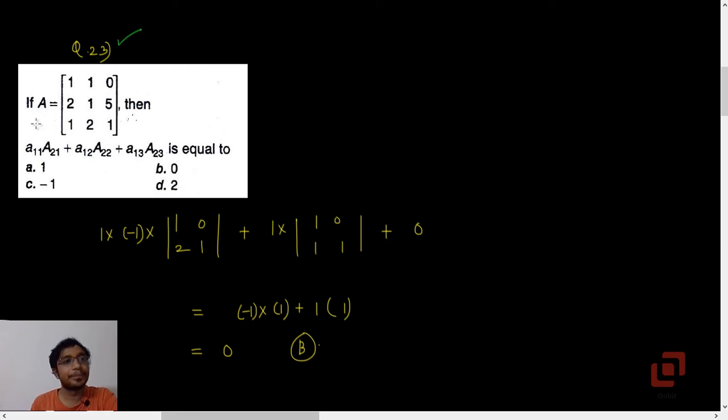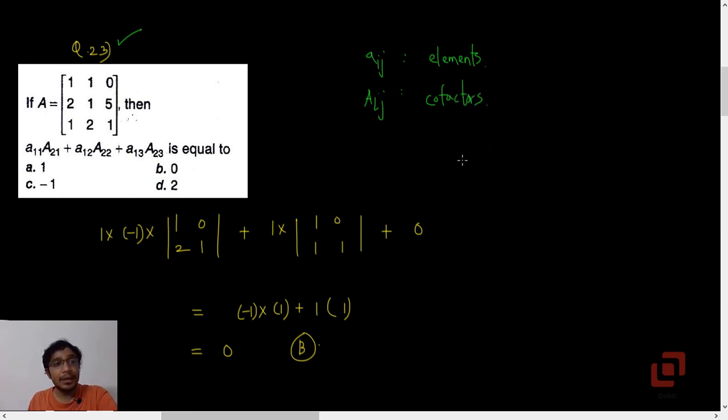Question 23. If the matrix A is 1, 1, 0; 2, 1, 5; 1, 2, 1, then a11 into uppercase A21 plus a12 into uppercase A22 plus a13 into uppercase A23 is equal to. Now remember, when they have the lowercase letter a, they represent the elements of the matrix, and when they use the uppercase letter A, it means they are representing the corresponding cofactors.